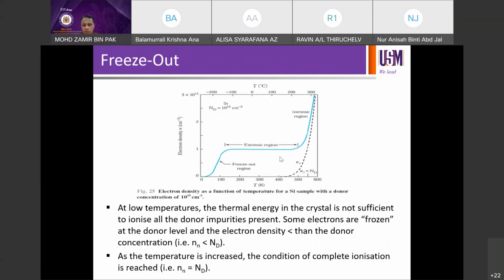And then we discussed the middle region, which is the extrinsic region, where the dopants are 100% ionized, and they play their roles in the conduction of electricity in the semiconductor material. And eventually, we discussed this high temperature region where you can convert your extrinsic semiconductor to intrinsic semiconductor.